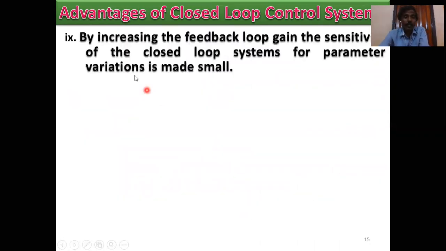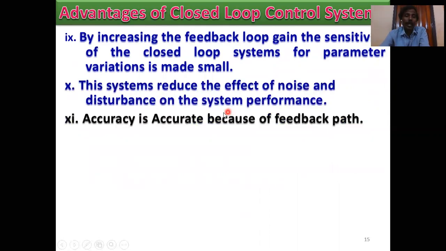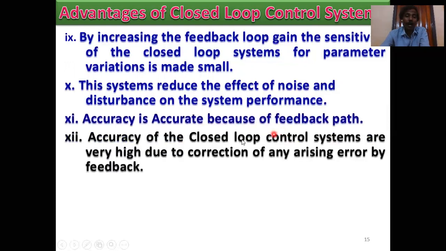Another advantage: by increasing the feedback loop gain, the sensitivity of the closed loop system to parameter variations is made small. This system reduces the effect of noise and disturbance on system performance. Accuracy is high because of the feedback path.